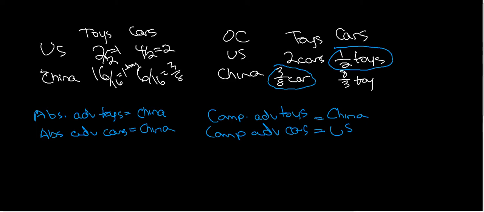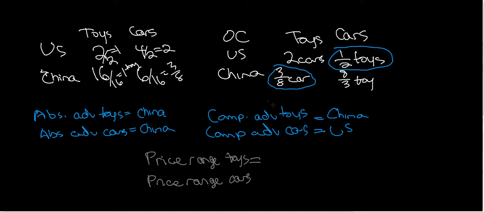So once you have this, you can find the price range for toys and the price range for cars. You know that price range is from the lowest opportunity cost to the highest opportunity cost.